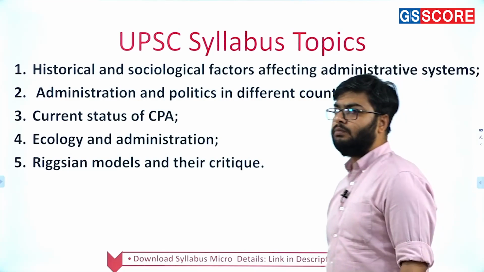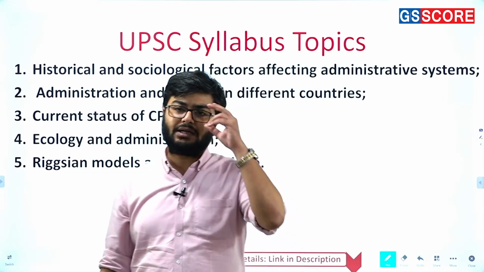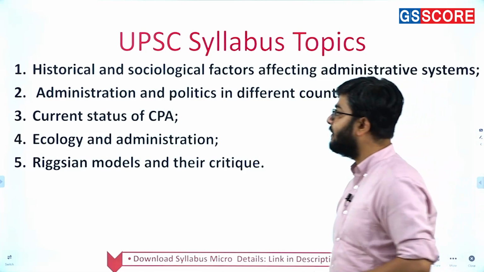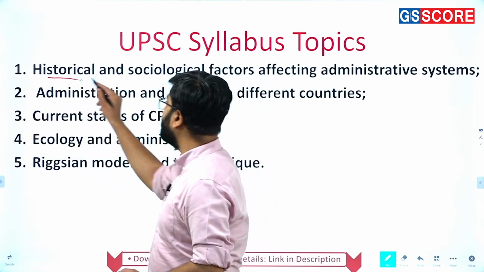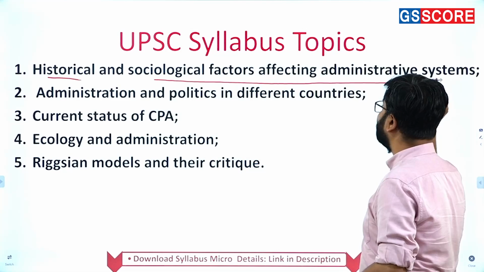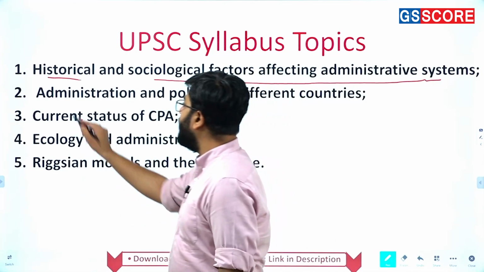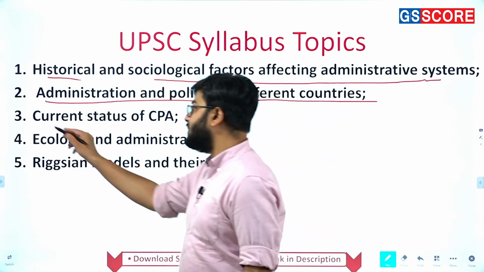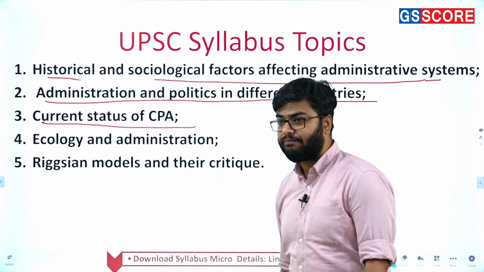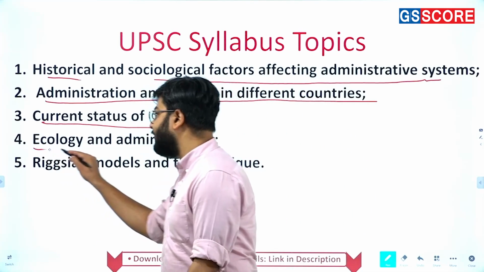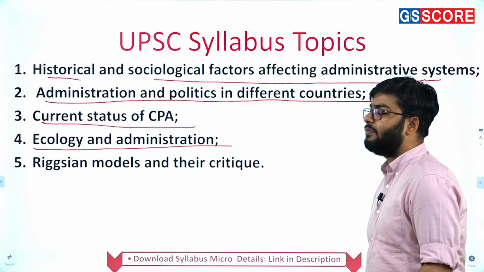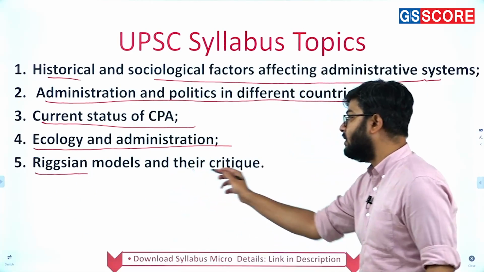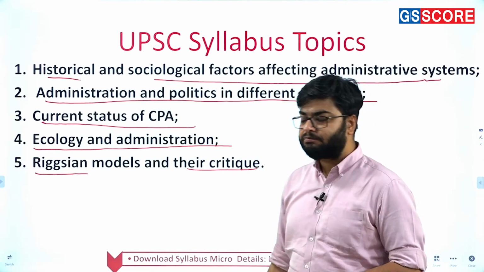The syllabus given by the UPSC covers broadly 5 heads, that is historical and sociological factors affecting the administrative systems, administration and politics in different countries, current status of CPA, the concepts of ecology and administration, and of course a scholar, that is Fred Riggs, and his models and their critique.